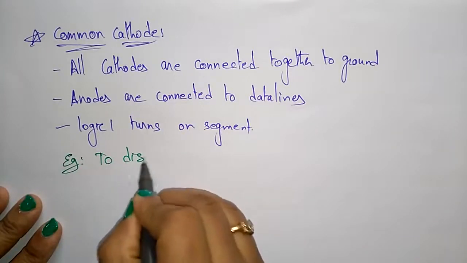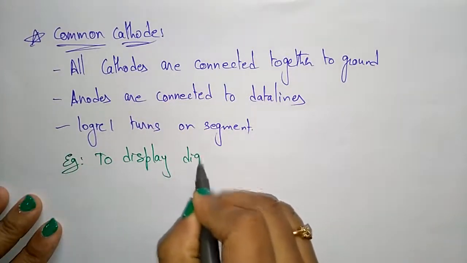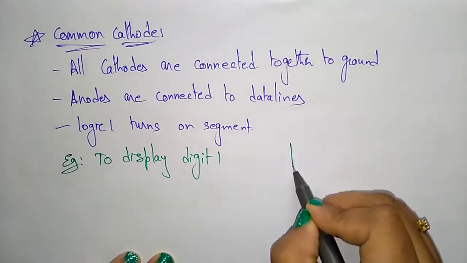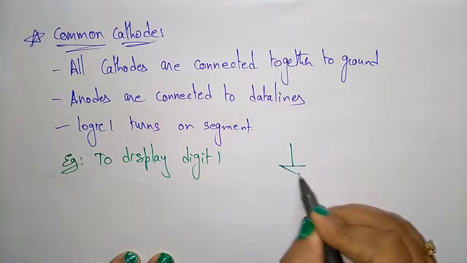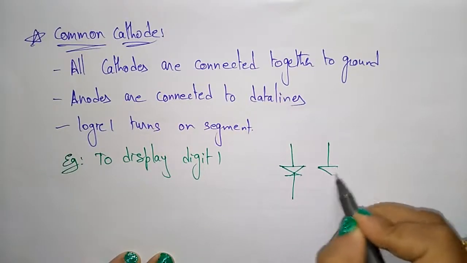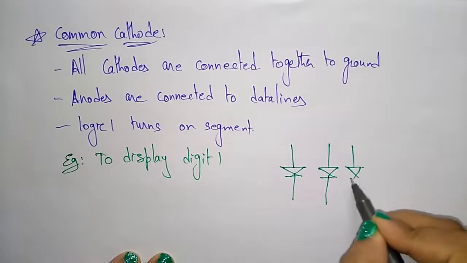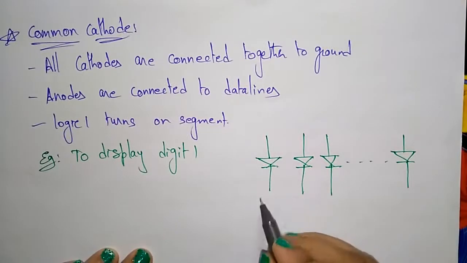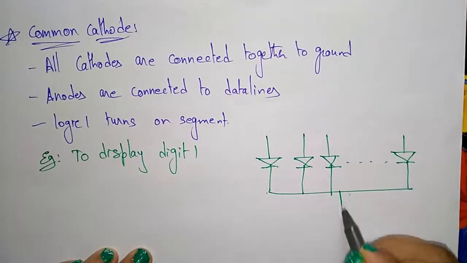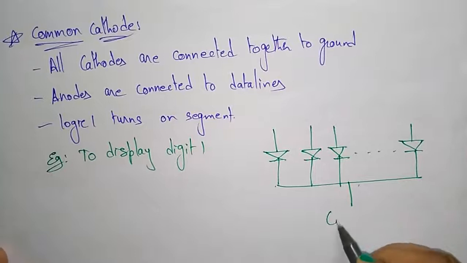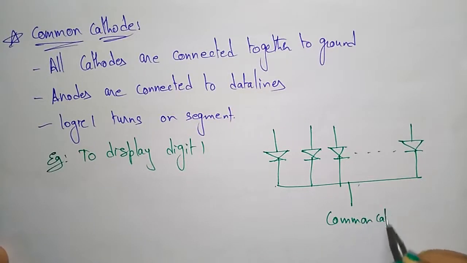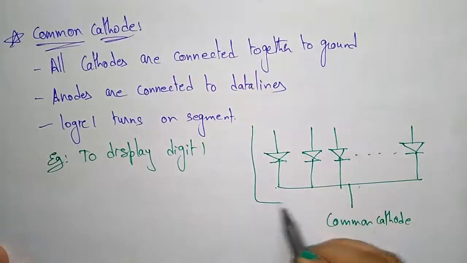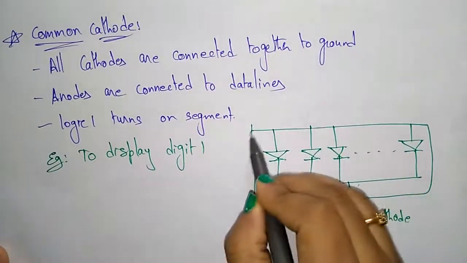Here also I want to display digit 1. So I am taking the common cathode. Up to here, these are all connected to common cathode, and this will be turned to logic 0.